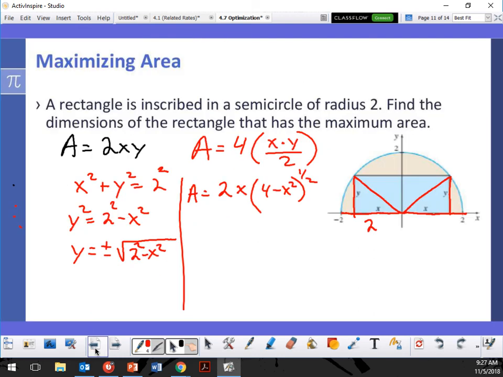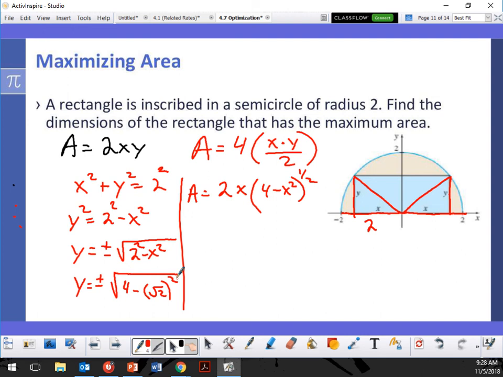Let's go back a page. Let's solve for y now. y is equal to plus or minus, but it's actually just going to be the plus, the square root of 4 minus radical 2 squared. So what's that going to give me?